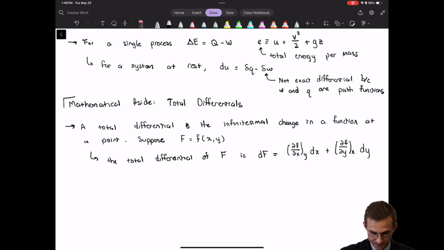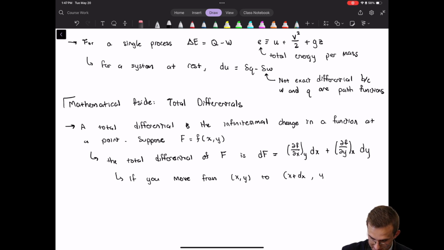Okay, and so essentially what this is saying is that if you move from the point x, y to x plus dx and y plus dy, the resultant change in f is df.